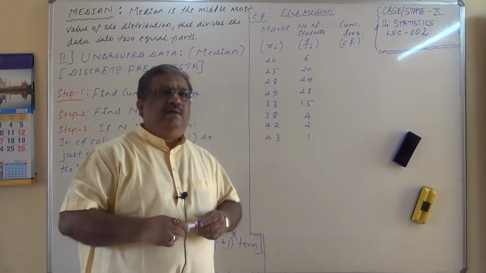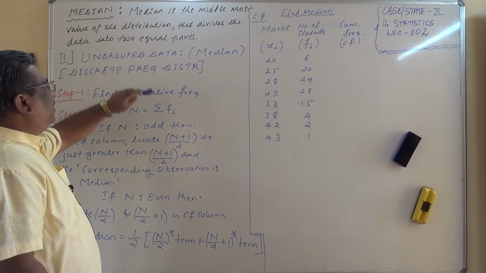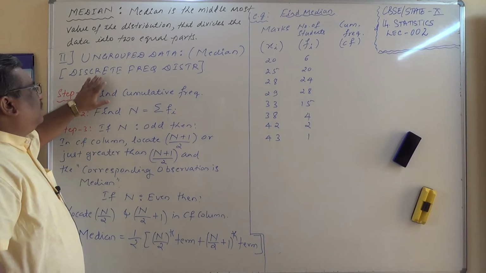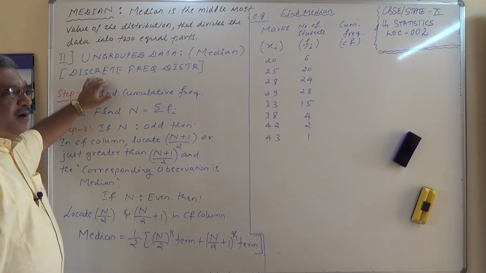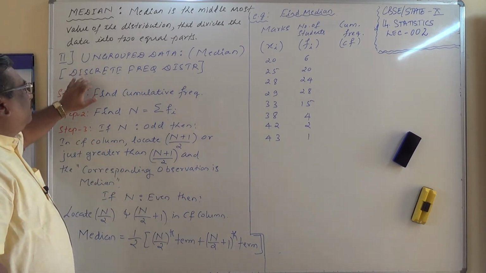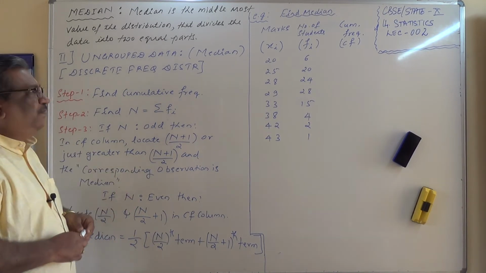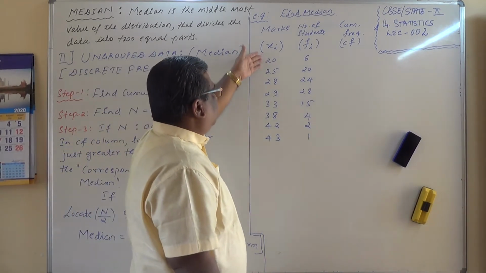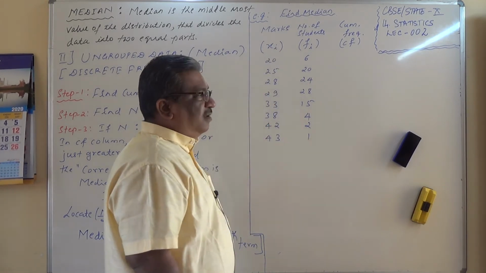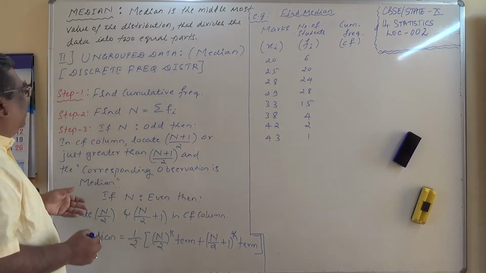Now we will study how to find the median of ungrouped data, which is also called a discrete frequency distribution or tabulated data. Here, for example, these are the marks obtained by different students and the total number of students. Such a table is called a discrete frequency distribution table.